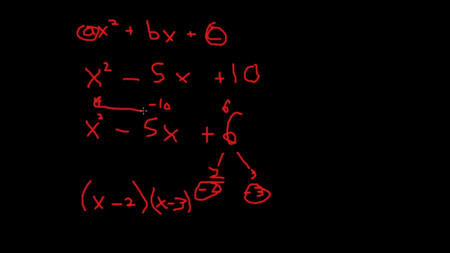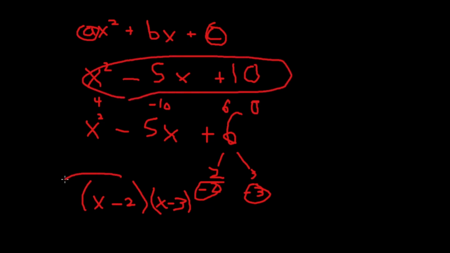When we add and multiply all these numbers, I'll try not to use the word combine because it's kind of ambiguous, we get 0. That's basically what happens when you get a factored form like this: those factors are actually 2 and 3.